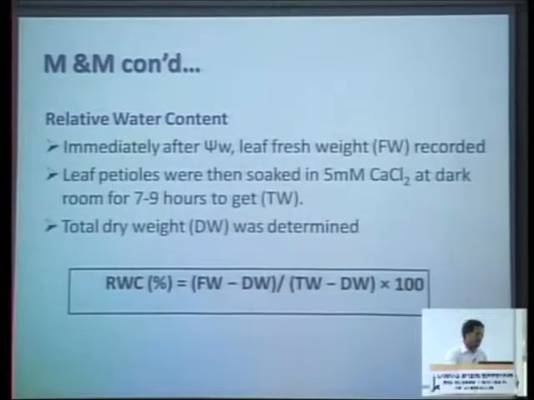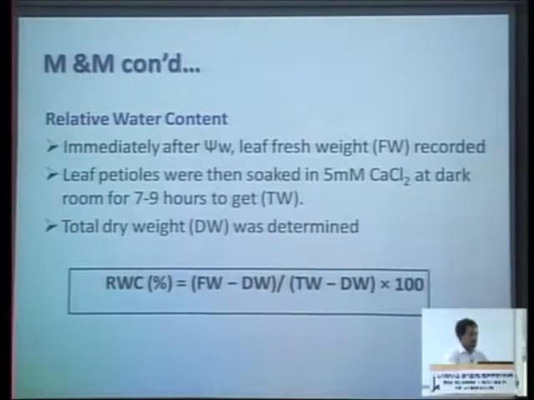At the end, we calculate the relative water content of the leaf. Immediately after we measure the water potential of the leaf, we determine the leaf fresh weight. Then we dip the petals of the leaves in 5 millimolar calcium chloride in a dark room for 7 to 9 hours to get the turgid weight.